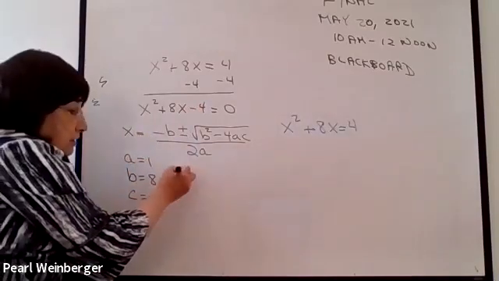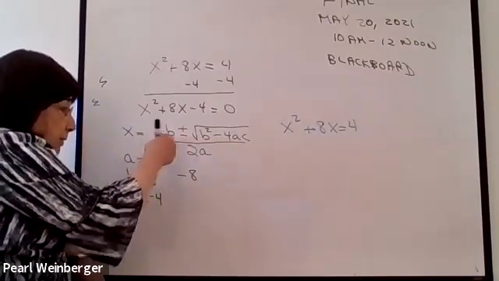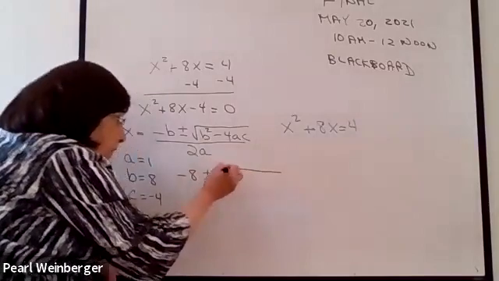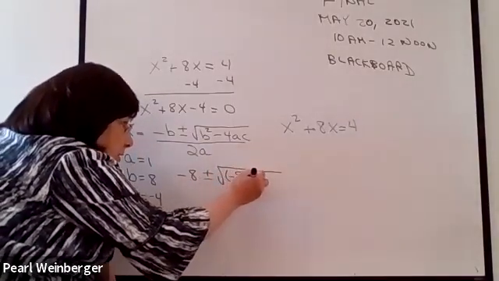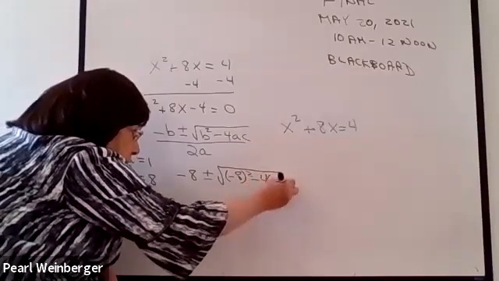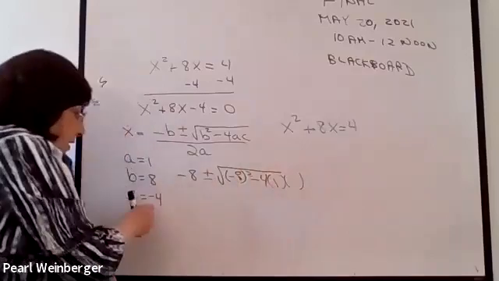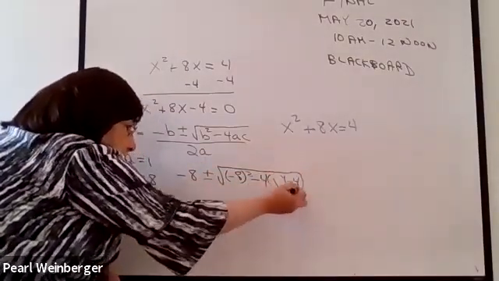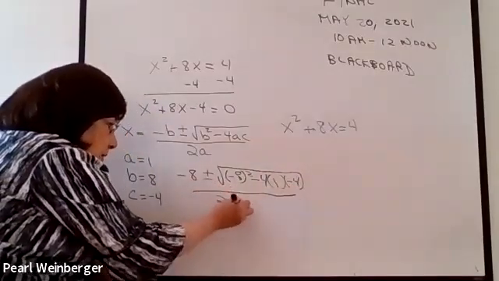If I stick this into my equation, I get negative 8 in place of the b, plus or minus the square root of b squared, which is 8 squared, minus 4, in place of the a I'm putting 1, and in place of the c, I'm putting negative 4. And this is all over 2 times 1.